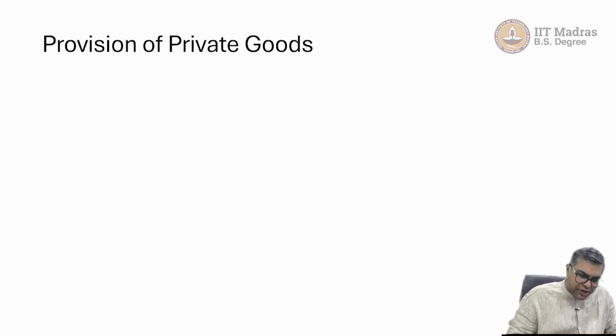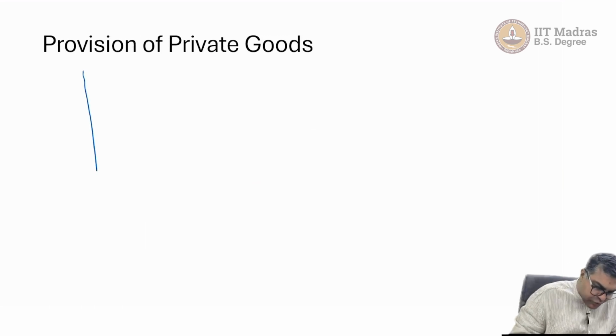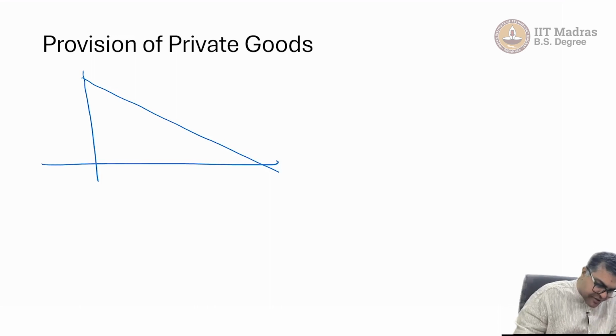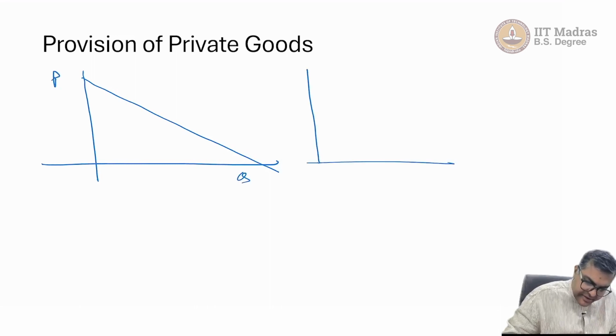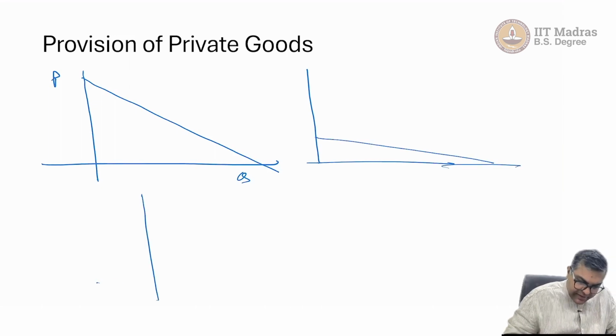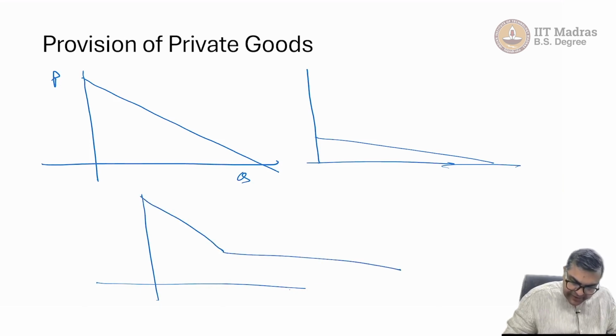We have already talked about the provision of private good. On the consumer side, we have a person 1 whose demand looks like this. Let us say there is a person 2 whose demand looks like this, and by adding them up, we can get market demand.